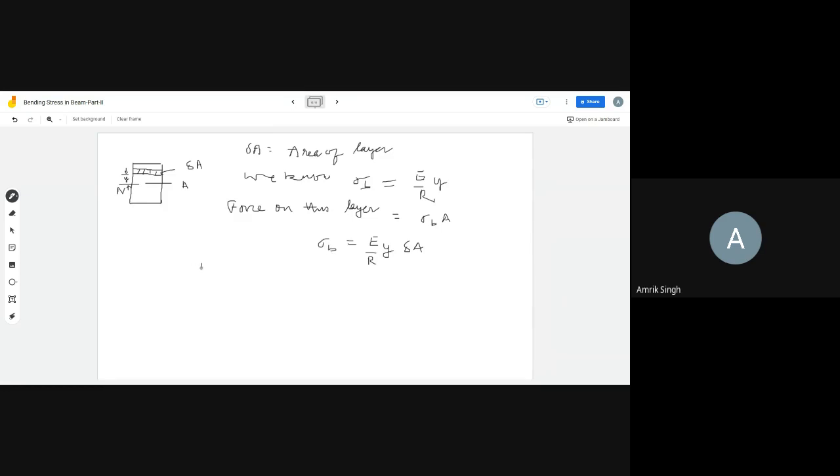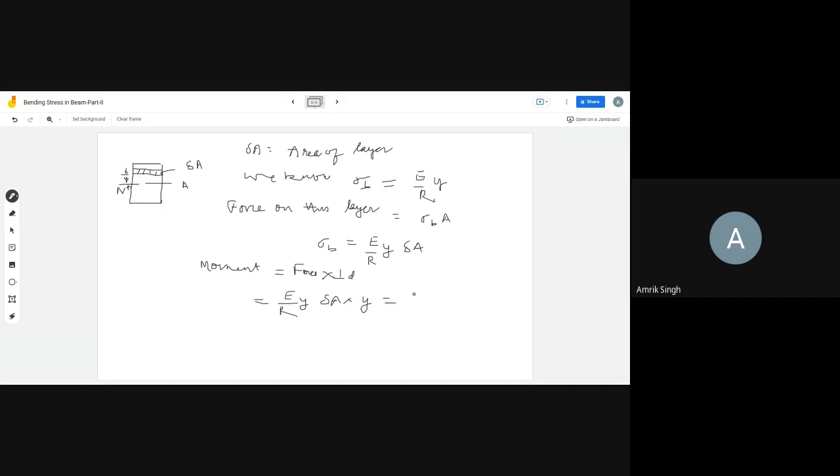So moment, what will be the moment of this force? It is force into perpendicular distance. So force is how much? It is E upon R into delta A, and into Y. So this will be the perpendicular distance.